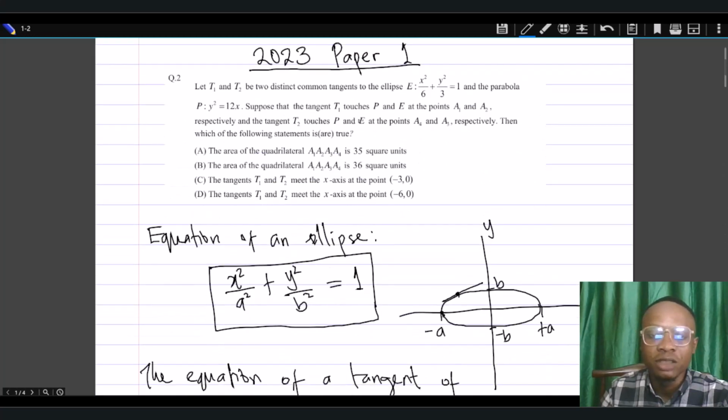Then for the next part of the problem statement, it says the tangent T2, the second one, touches P and E at the points A4 and A3 respectively. So we will watch out for that as well. The one that carries the negative sign, we're taking where it touches the parabola to be A4, where it touches the ellipse to be A3.